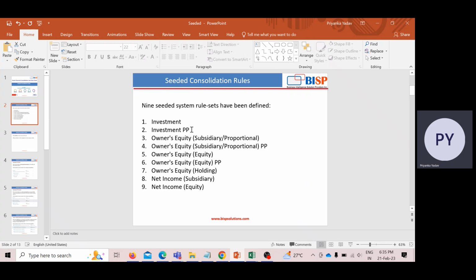Then these PP rule sets, investment PP, owner's equity subsidiary or proportional PP, owner's equity, equity PP or prior period rule sets, apply the required logic to unconsolidated prior period investment which is carrying forward in the opening balances.